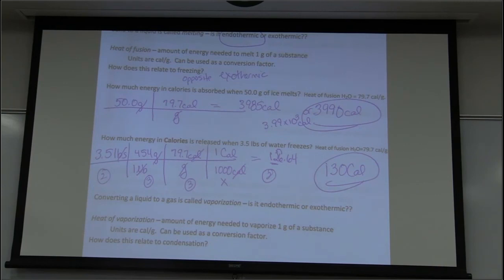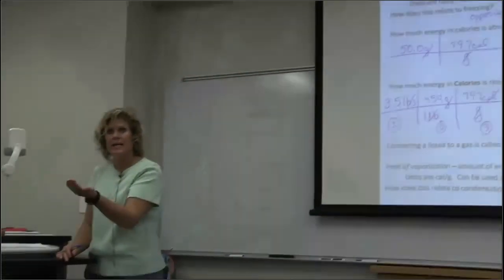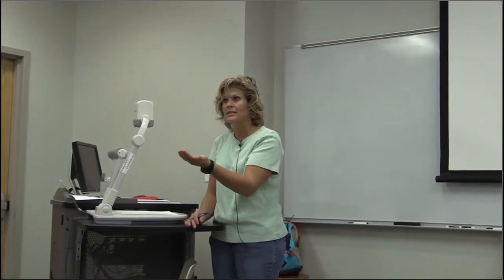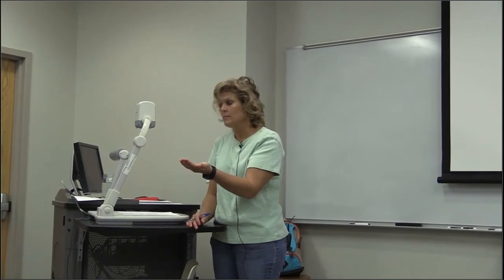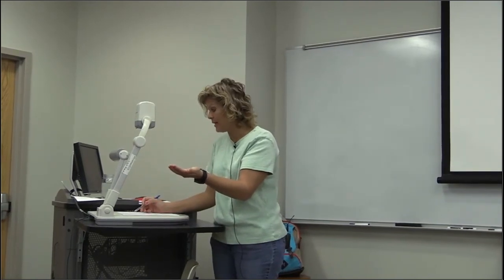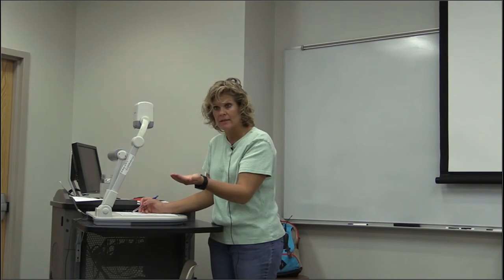First of all, just common sense says, what's that ice going to do in your hand? It's going to melt. Where is it going to get the energy needed to melt? From your hand and from the air temperature. The question is, how much energy did it take for 50 grams of ice to melt? 3,990 calories.